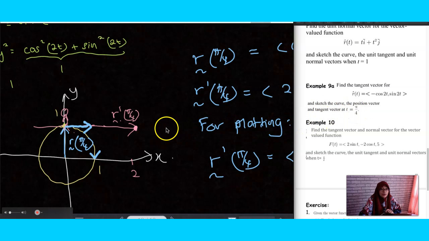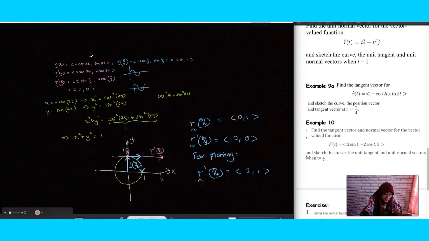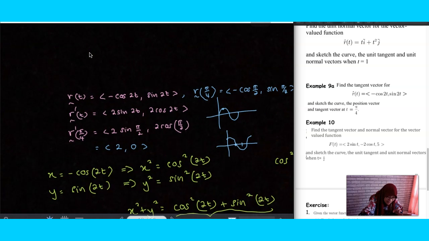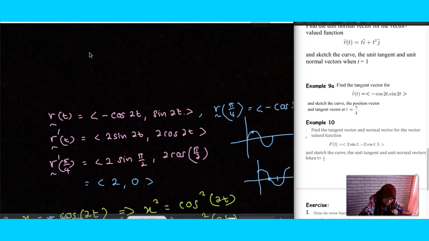Okay. Let's say you have the same vector function, but I add, let's say, a z component. So let's say this is another story. Here you have the component z, which is 5.